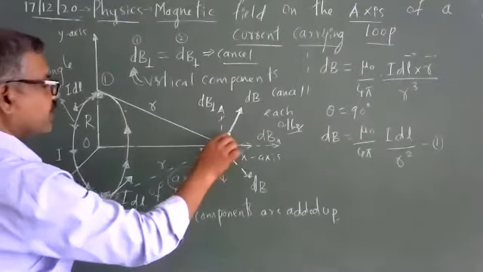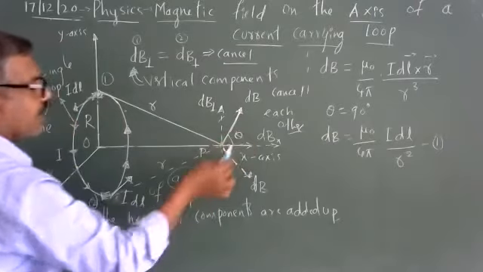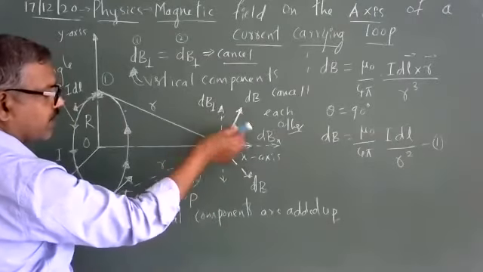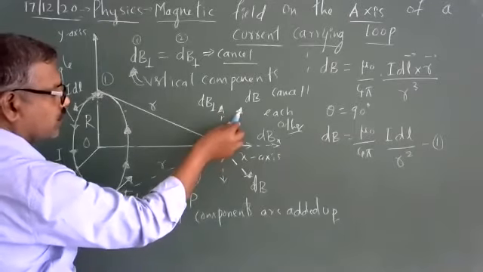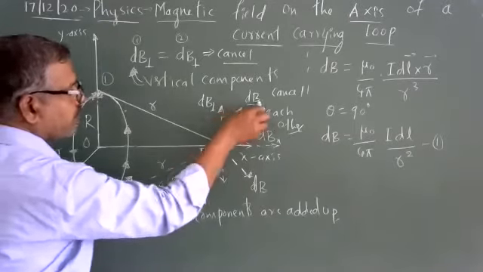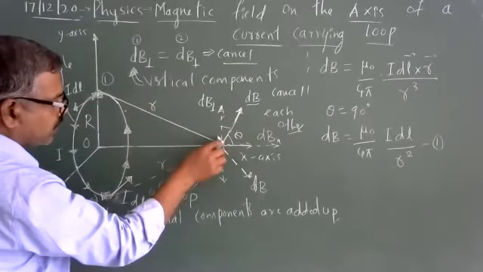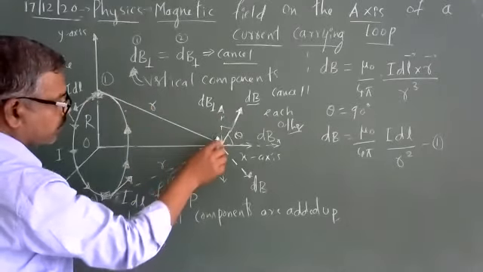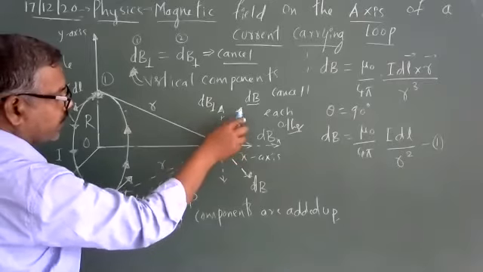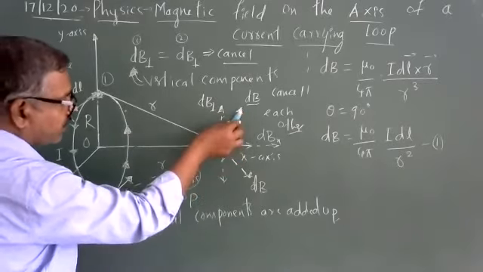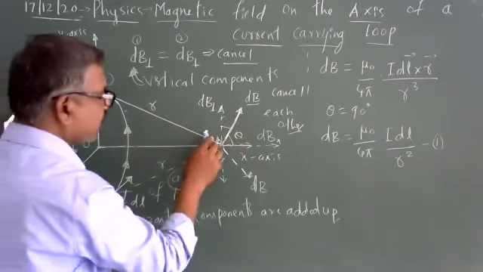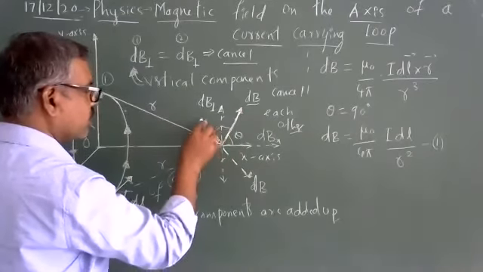Now if this is an angle theta, and the angle between this vertical and this is 90 degrees, this becomes 90 minus theta. The angle between the magnetic field vector dB and the displacement vector R is 90 degrees, so this angle naturally becomes theta.